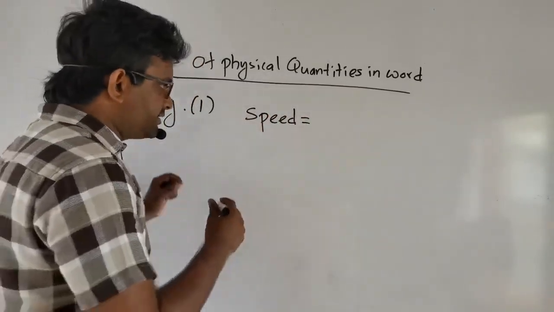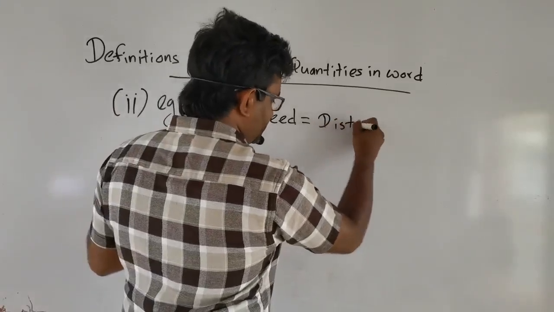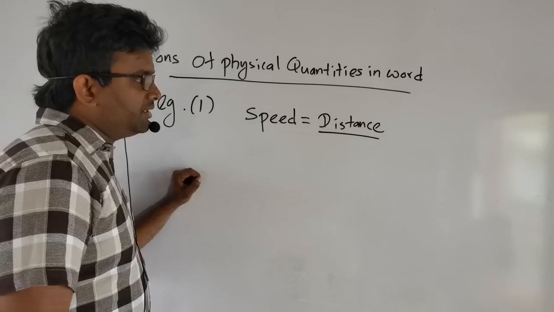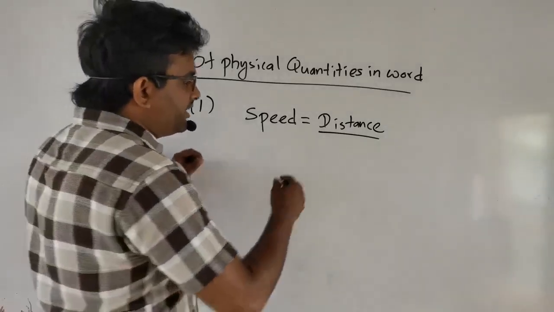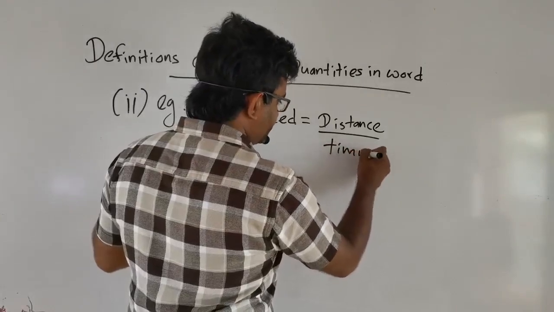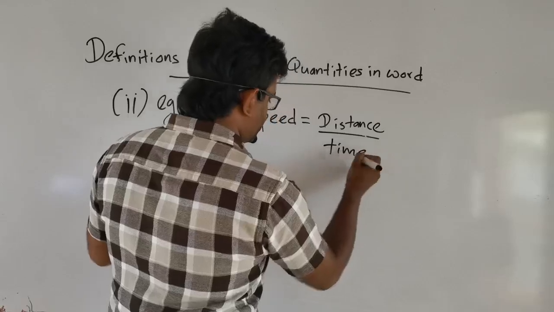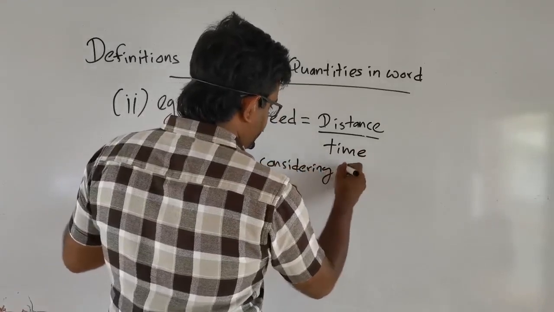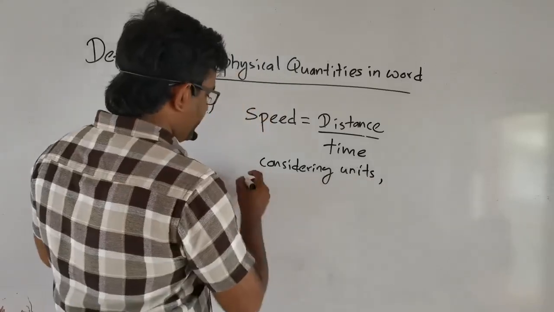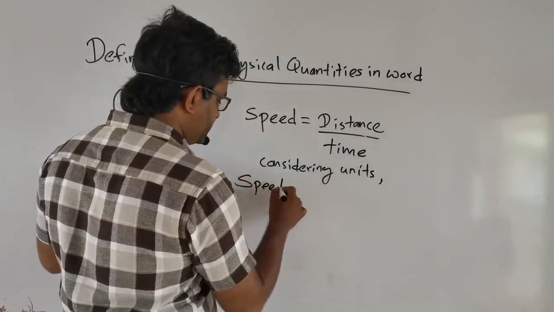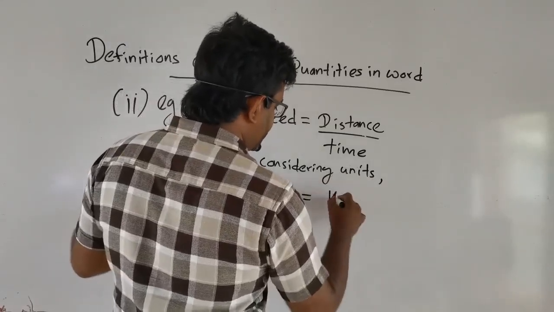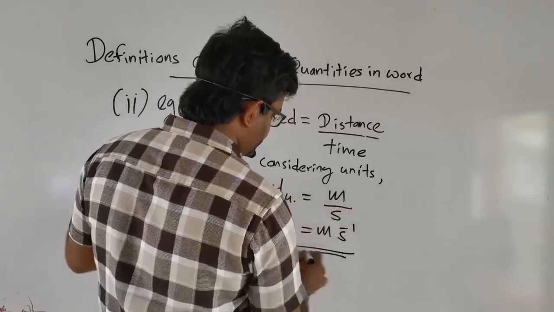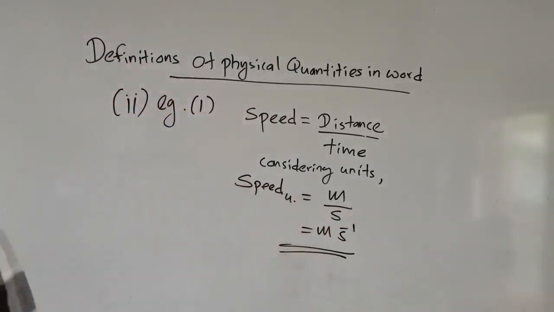Distance is there, and there we have rate. Right. Rate of change of distance. Then rate means we need to divide by time. We can consider units. Considering units, we can write units of speed, distance unit meters, time seconds, then meters per second. Right, this is the answer.